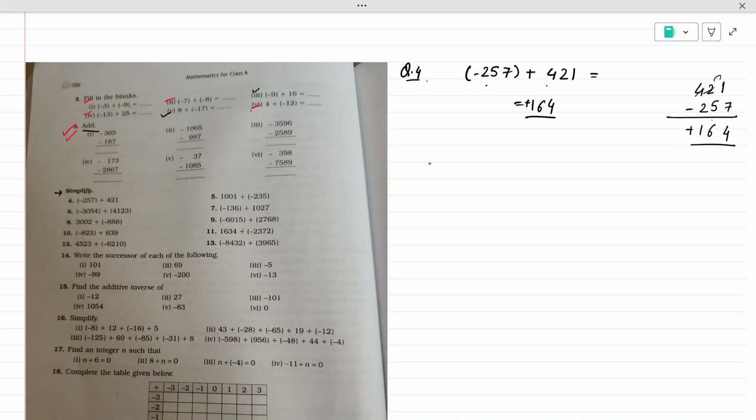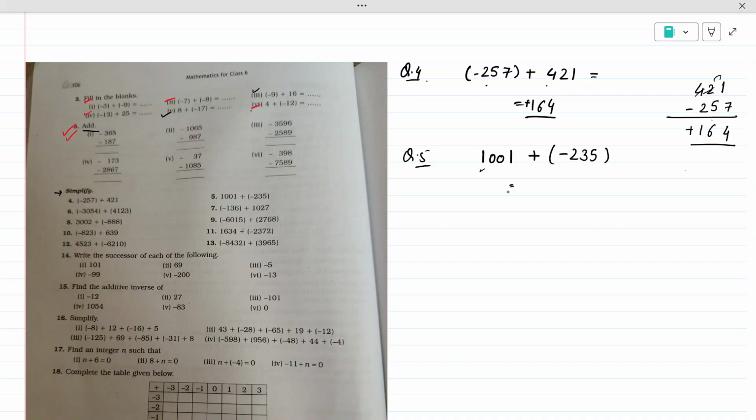Question number 5, kids, just see. In question number 5, we have 1001 plus minus 235 added to this number. Again, we have two methods to do it. We can take 1001 as the starting point and we are moving backwards how many steps? 235 steps. Okay, so we can simply subtract them to get the answer here. Okay, this is method 1.